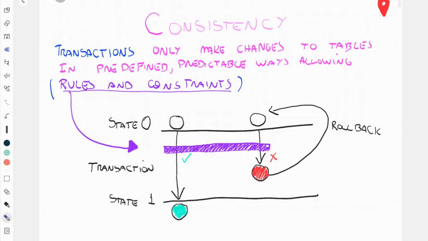We have the drawing from the last one here, and the error happens because of some rule or some constraint. This can be expecting some kind of data type. Yeah, that's a good example for this.